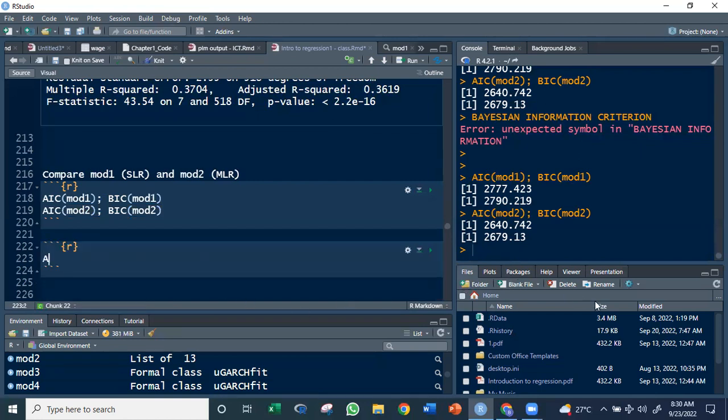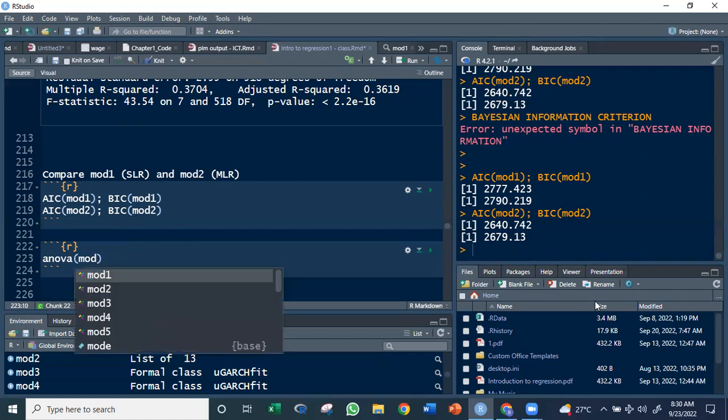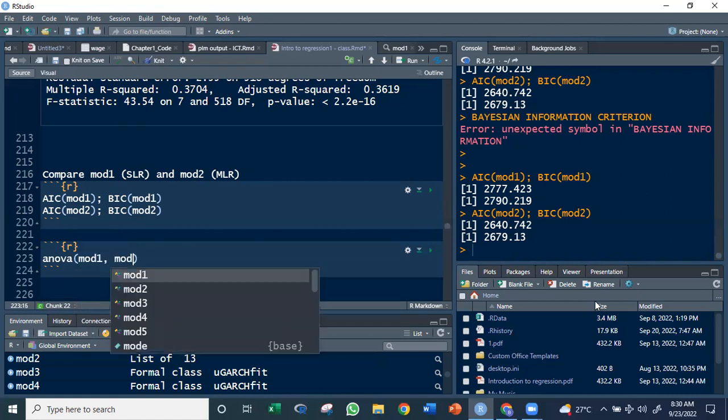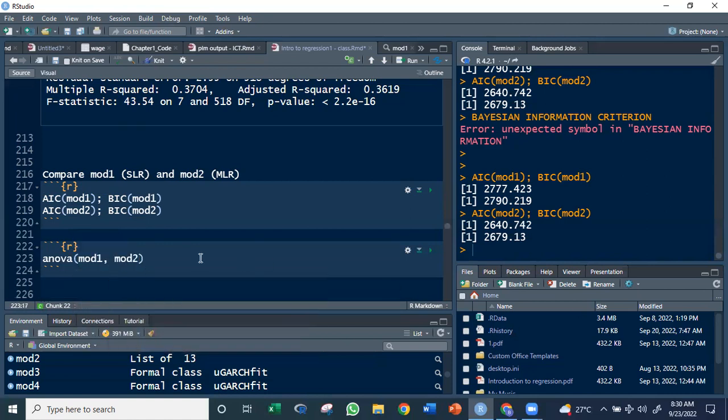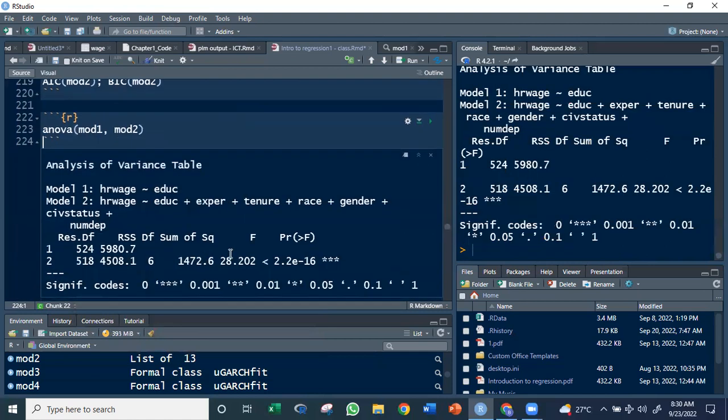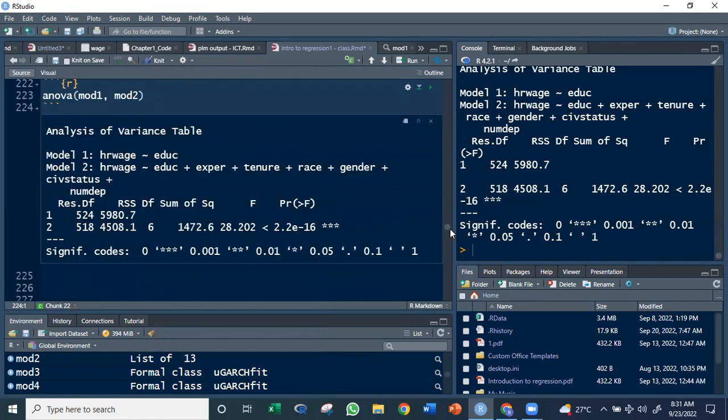There's another way to test, which we'll discuss later, but let me just write it now. We can test with the ANOVA. We can also use ANOVA to test which is better, whether it's model 1 or model 2. So what do we find here?